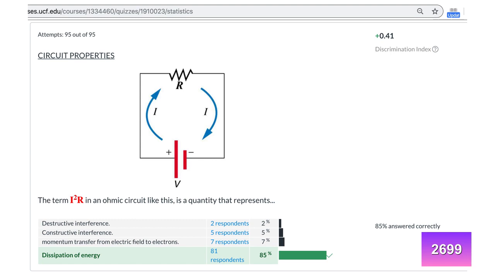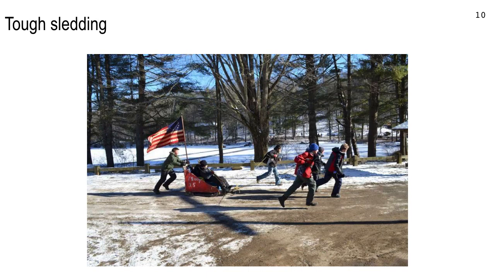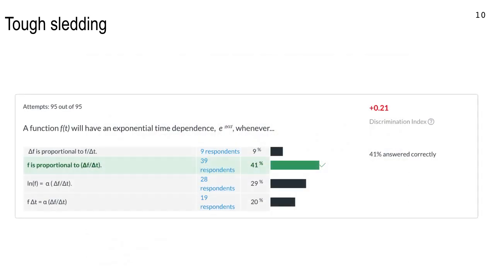All right, the next one I want to go over with you is a little bit of tough sledding, kind of like these guys trying to pull a sled across a parking lot with no snow in it. I don't know. Anyway, so this was the one. Now, this one has a low discrimination index. It's 0.21, still positive.